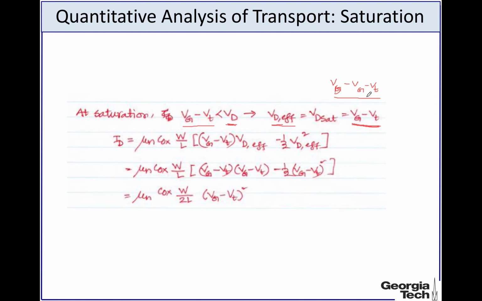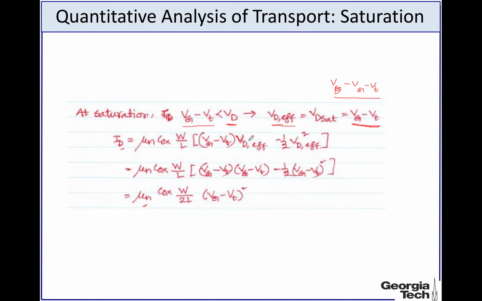So the way we handle the drain current equation when Vd becomes larger than Vg minus Vt is this: we replace Vd with Vd effective, and Vd effective is Vg minus Vt, so we plug this in. Effectively, when in saturation, Vd larger than Vg minus Vt, Id becomes equal to mu n Cox W by twice L, Vg minus Vt squared. So in saturation the drain current becomes independent of the drain voltage.